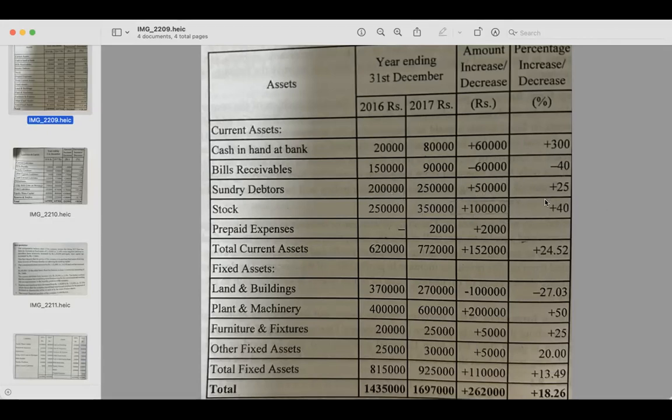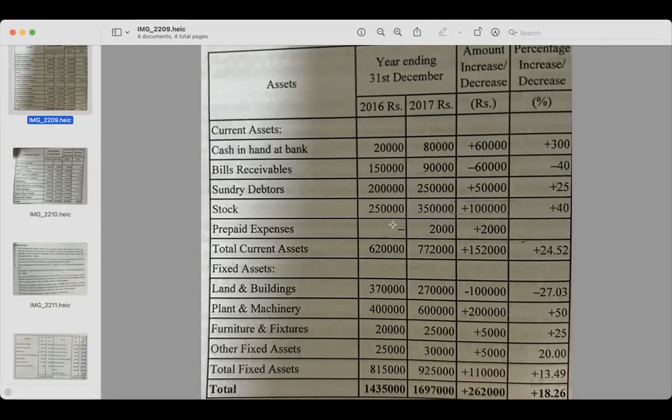There's a 40% increase in the stock. Prepaid expenses were not there in the first year, but now there are prepaid expenses paid in advance in the second year. That's 2,000. So there's an absolute 2,000 figure, and since there is nothing in the first year, you can simply say 100%.